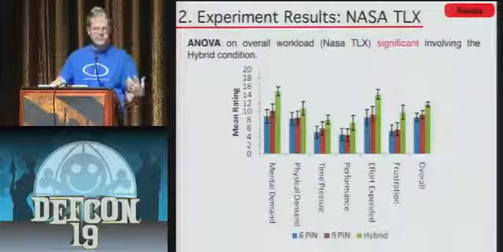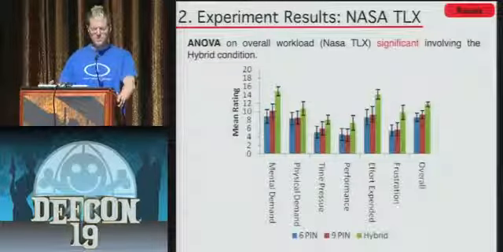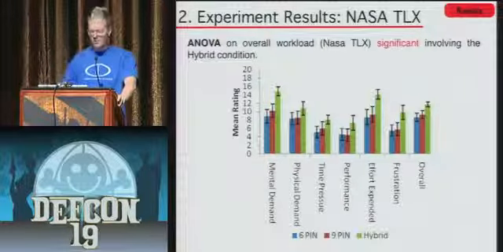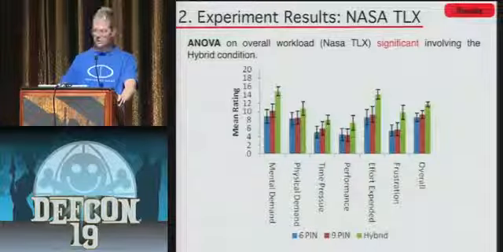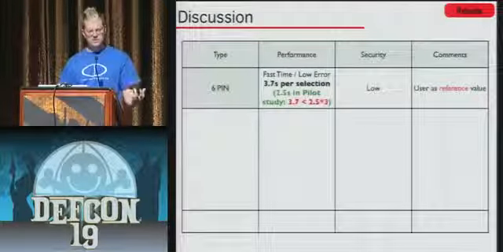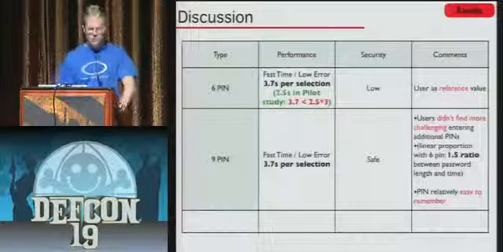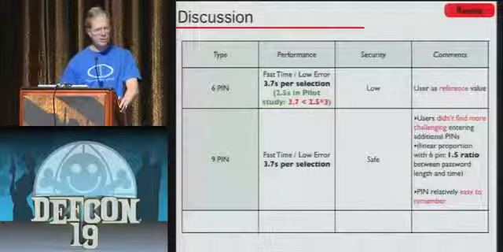And then there was also a NASA TLX workload measurement done to see what the mental workload was, and it showed that the hybrid mode was much more difficult to keep track of mentally. Using the 6-digit tactile pin as a reference, the 9-digit one was not more challenging for users in a workload sense.